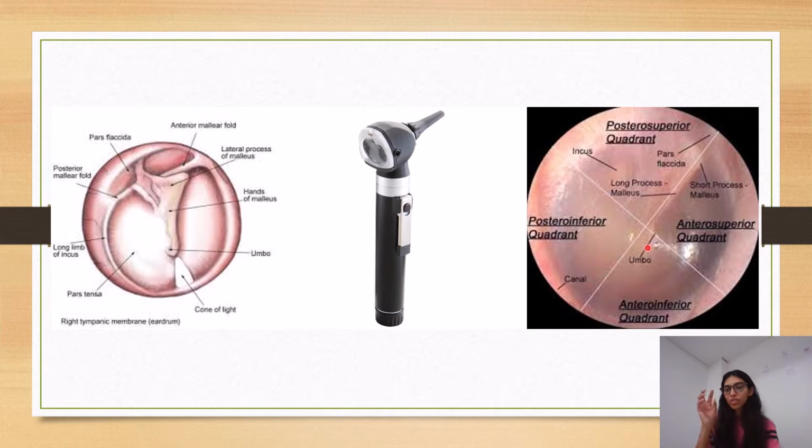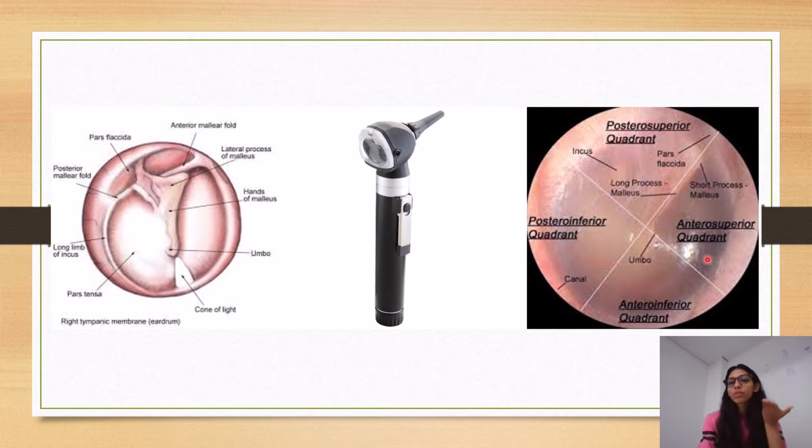The most prominent protrusion which you see is the umbo. Umbo is nothing but the attachment of the malleus. Malleus is an ossicle in the middle ear, and the handle of the malleus, or the manubrium of the malleus, is attached to the tympanic membrane. The portion where it attaches to the tympanic membrane is the umbo.